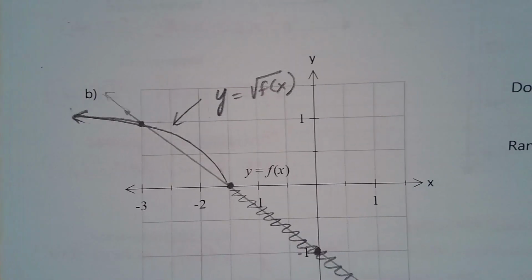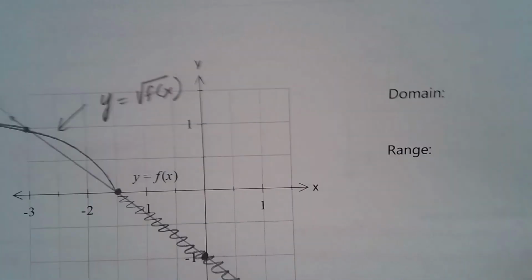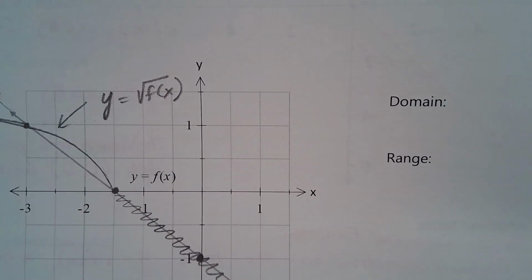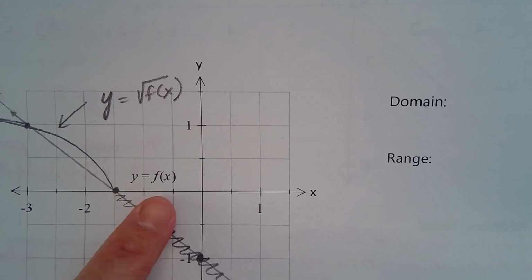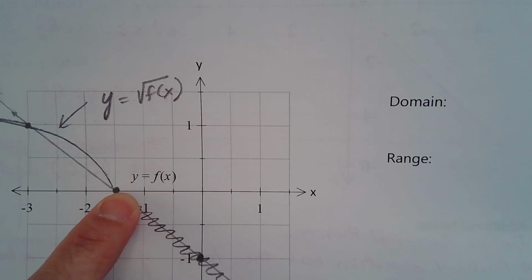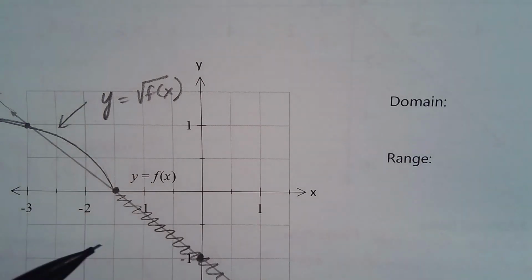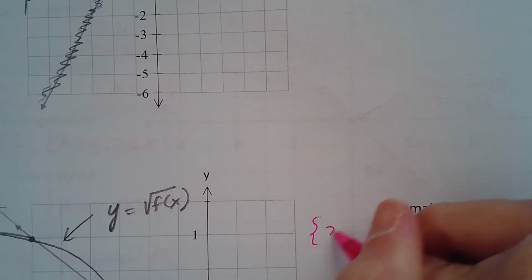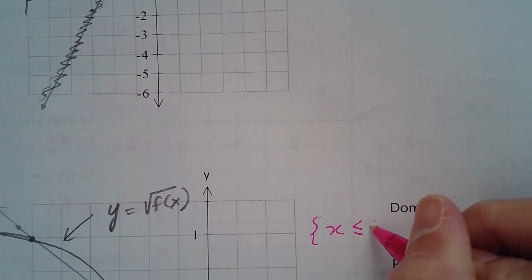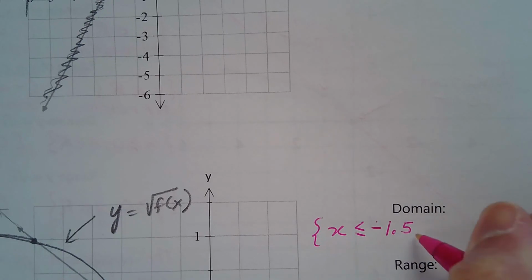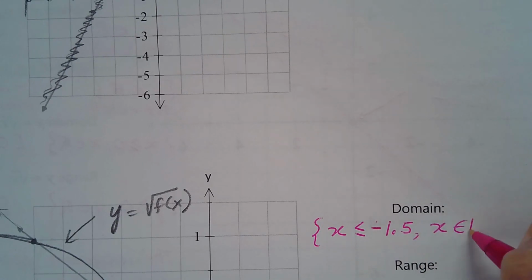What's the domain of the square root of f of x? It's going to be from this point, which is, what point is that? Yeah, negative 1.5, and anything to the left. So the domain is x less than or equal to negative 1.5, where x is an element of real numbers.